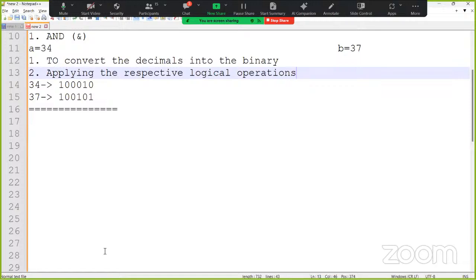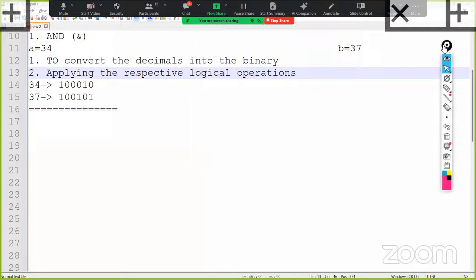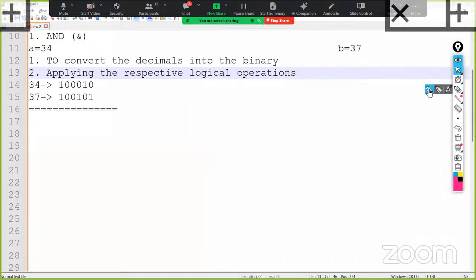But the more important thing is that you should apply the logical operations from right to left direction only. You cannot follow any other direction.